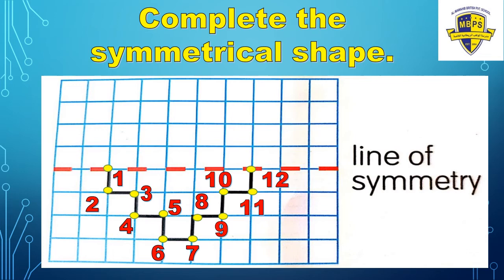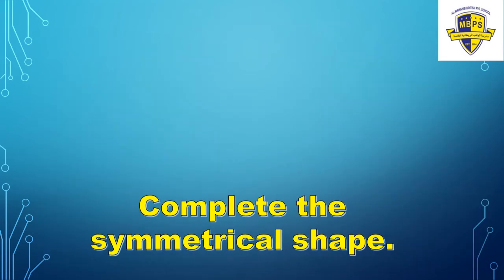Let's start. We have 1, 2, 3, 4, 5, 6, 7, 8, 9, 10, 11, 12. Excellent children. So this shape has got 12 corners.